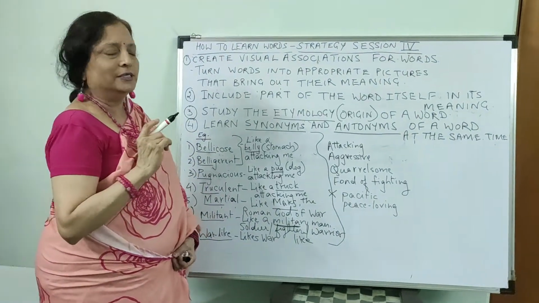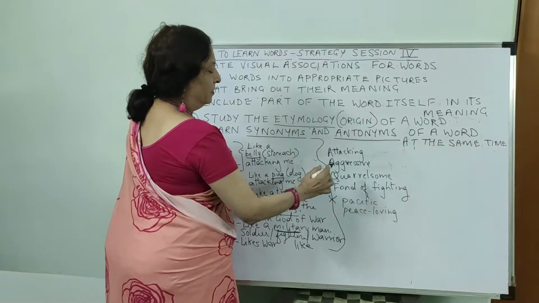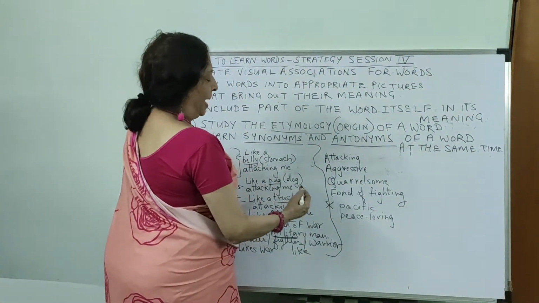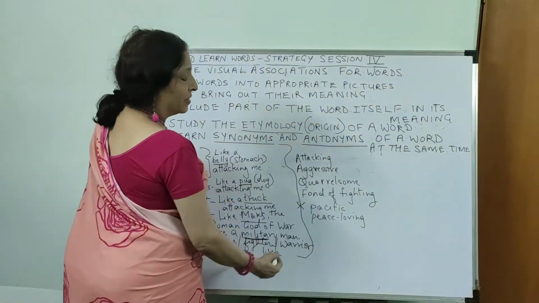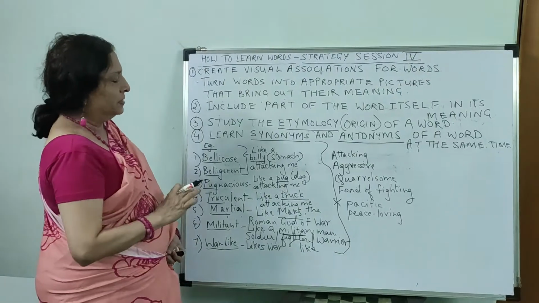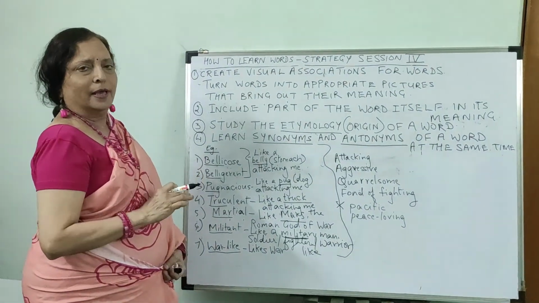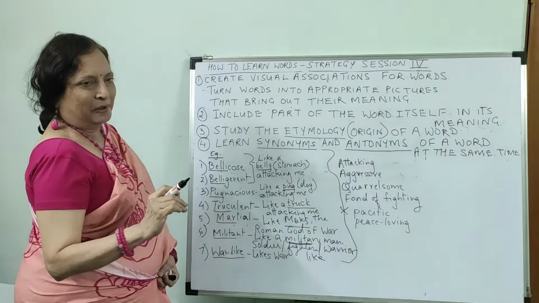So, all these words mean attacking, aggressive, quarrelsome, fond of fighting, and at the same time we are learning some opposites, that is pacific, peace-loving. So, in this fashion, if we learn words, we are able to remember them and understand their meanings very easily.